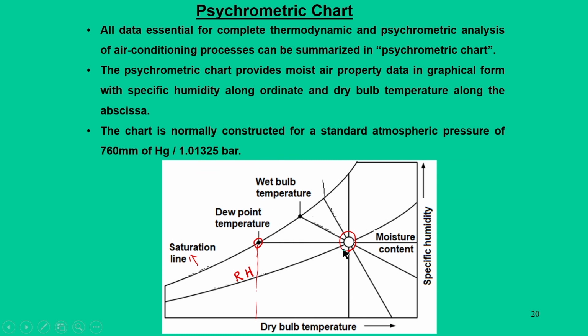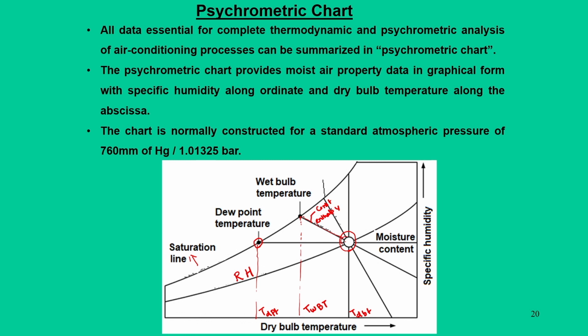Another way is that when we go along the adiabatic saturation curve, which is nothing but your constant enthalpy curve, and reach the saturation point and drop a vertical, this will give you T WB, the wet bulb temperature, and this particular one will be T DB, the dry bulb temperature, and at the dew point we say T DPT.